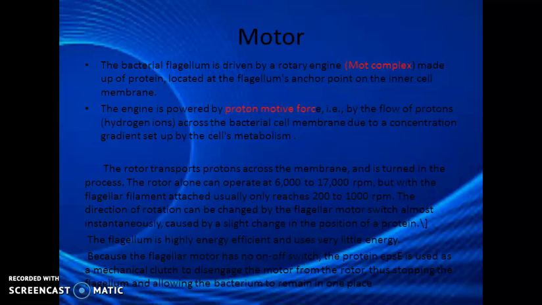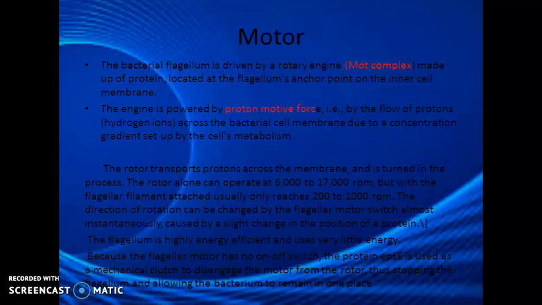The rotor alone can operate at 6,000 to 17,000 rpm, but with the flagellar filament attached it usually only reaches 200 to 1000 rpm. The direction of rotation can be changed almost instantaneously by the flagellar motor switch, which is caused by a slight change in the position of a proton.